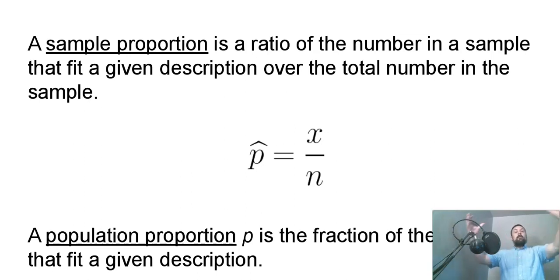So we could collect that sample, and within the sample, we can count how many students scored higher than 20 on the ACT, and then divide that by the total number of ACT scores that we have in our sample. And we get a proportion of students that scored greater than 20 in our sample. And we can use that to help us estimate the proportion of students in the population that score greater than 20. So that's what we're striving to do in section 7.1.